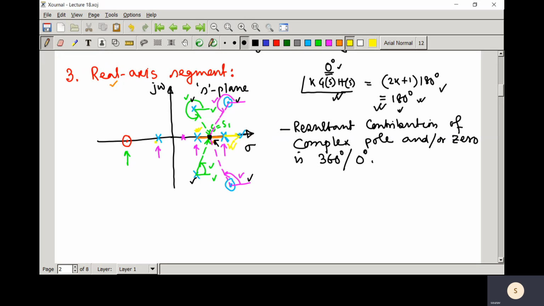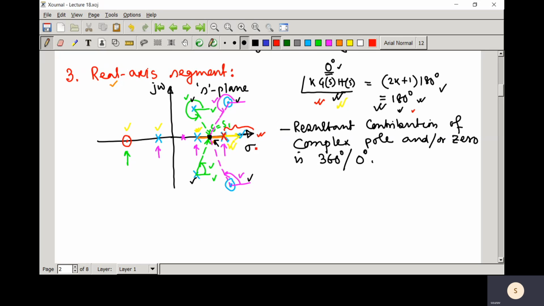For this one it is also 0, for this one also 0, for this one also 0. So here you are getting 0 degree equal to 180. That means if you take any point in this particular segment, from this particular pole location to plus infinity, you will always have 0 degree here. That means it does not satisfy this equation.